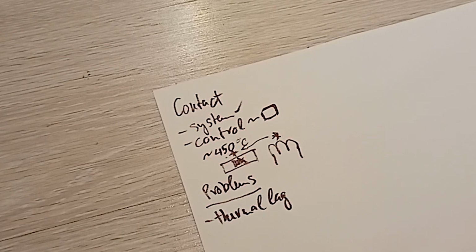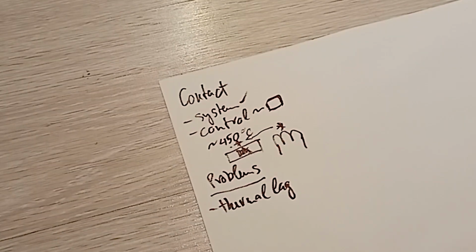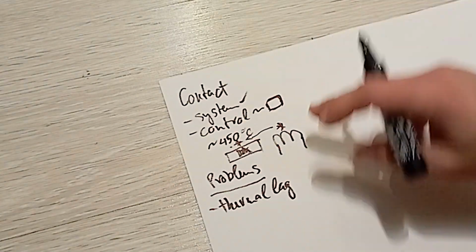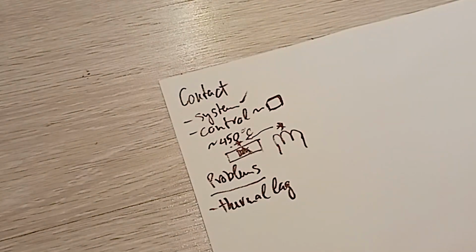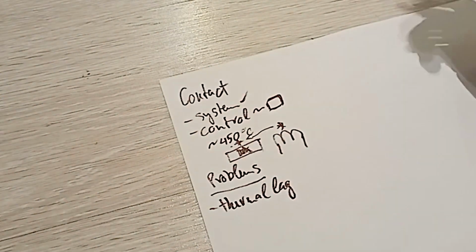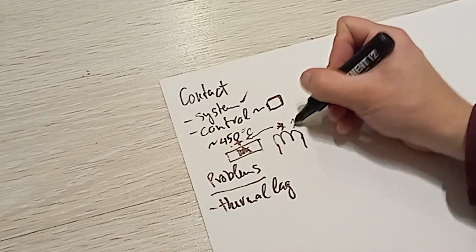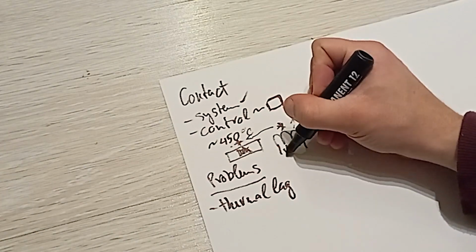First of all, what I mean by thermal lag is when I heat this up, it gets to a temperature, but it starts to radiate the heat around. So basically it is going to radiate the heat outside and inside.